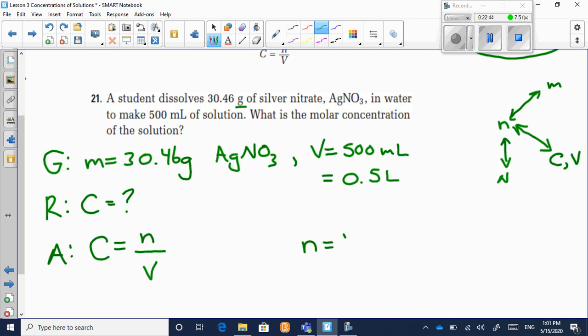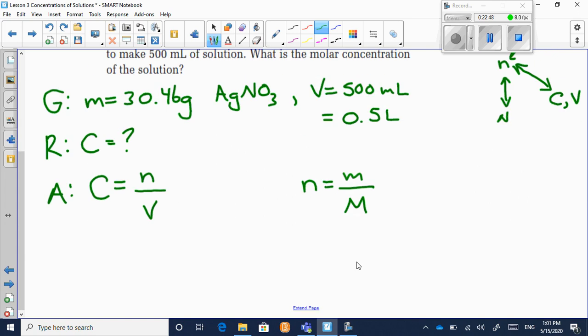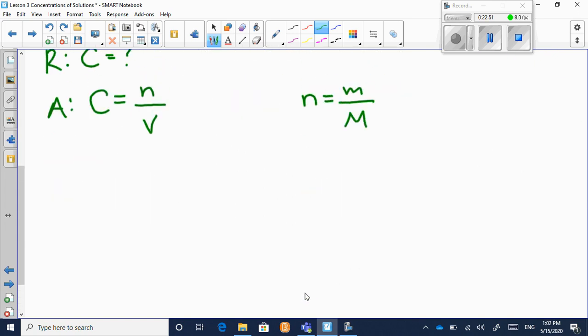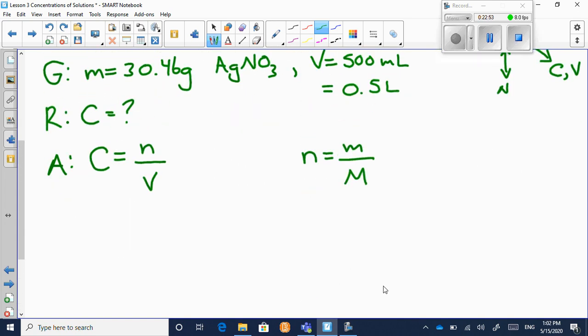N is equal to little m over big M. All right, I think I'm ready to go because I can see that this is a two-step problem. I'm first going to have to find the little n, the number of moles, and it's 30.46 grams divided by, and now's where you're going to have to go to your margin or the bottom of your page. You're going to have to find the molar mass of AgNO3.